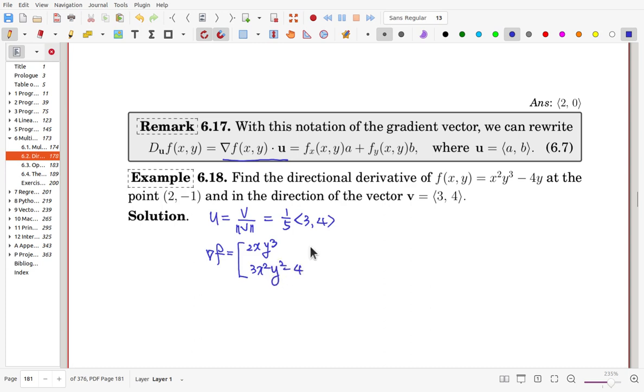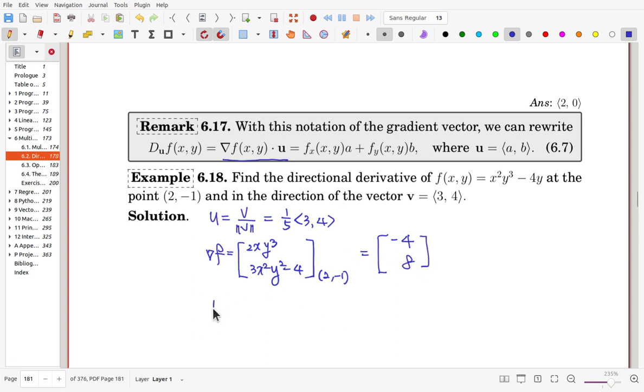And the point is (2, -1). Then x is 2, y is minus 1, so the first component is minus 4. And the second, with x is 2, y is minus 1, 12 minus 4, which is 8.